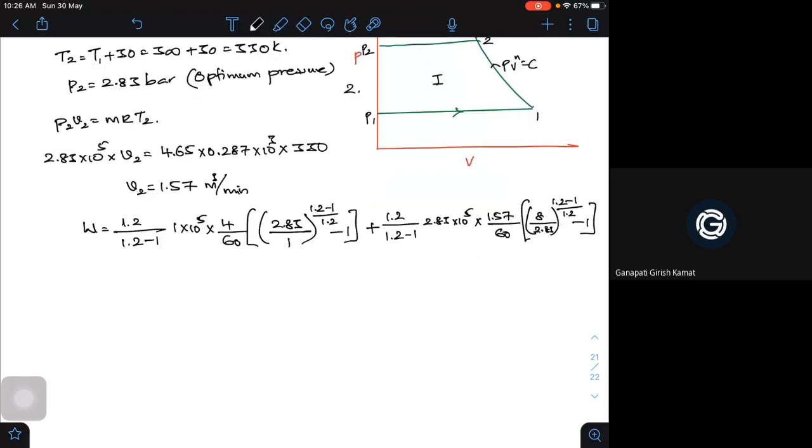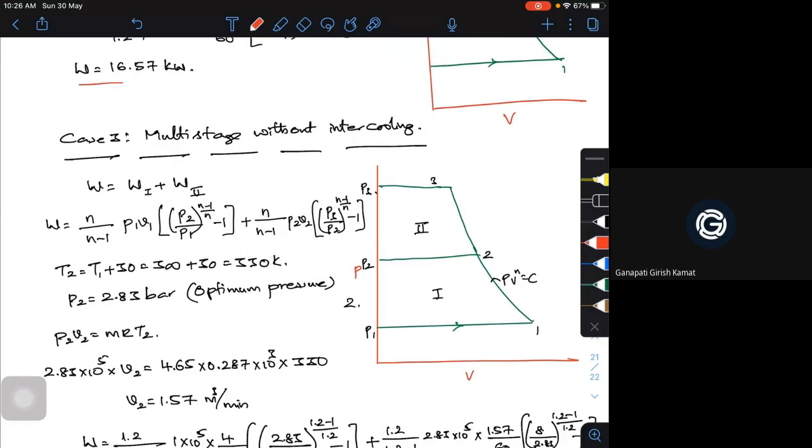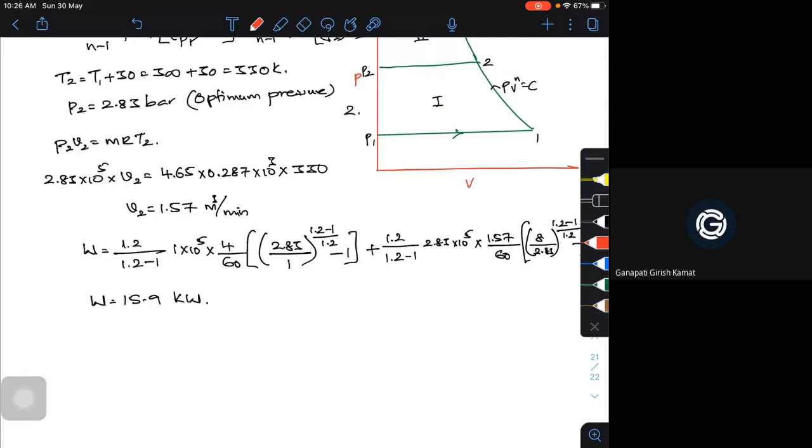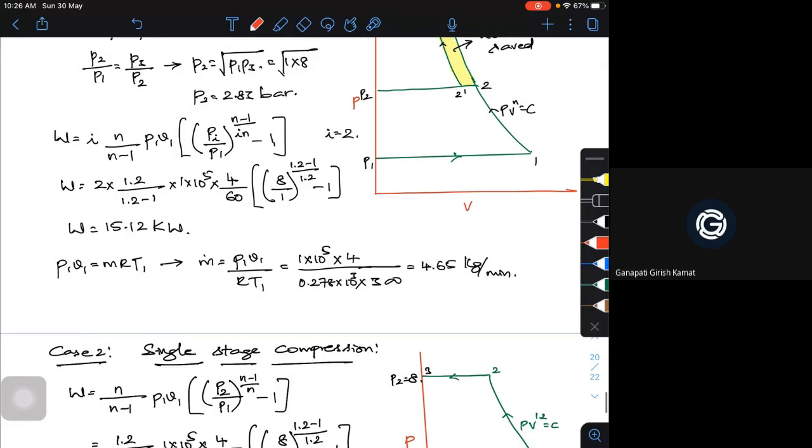If I add both, this will be less than your single stage. I am getting somewhere around 15.9 kilowatts. This is with an intercooling. It is without intercooling. Now if I try to compare this, 16.57 is greater than 15.9, which is greater than your multi-stage with intercooling.